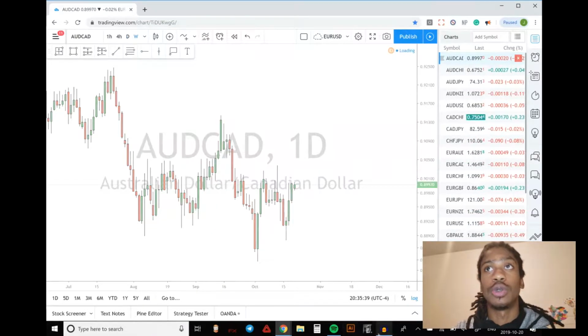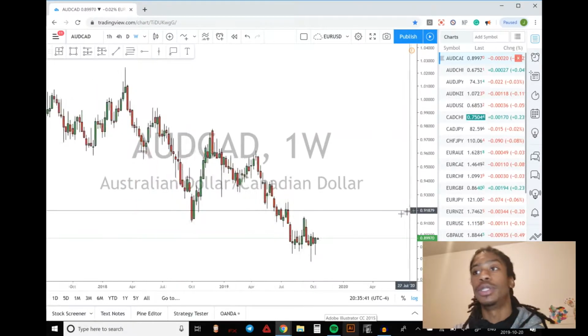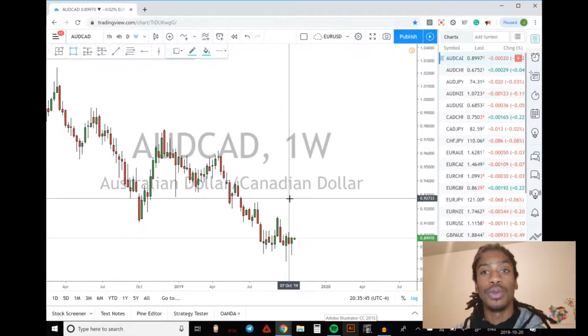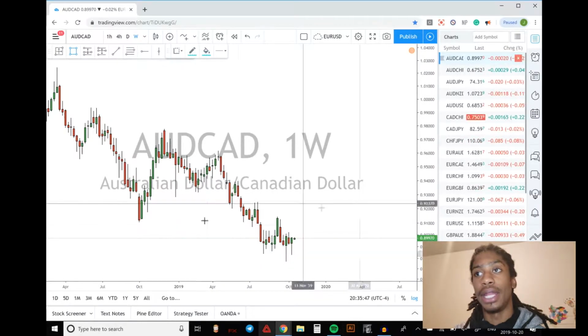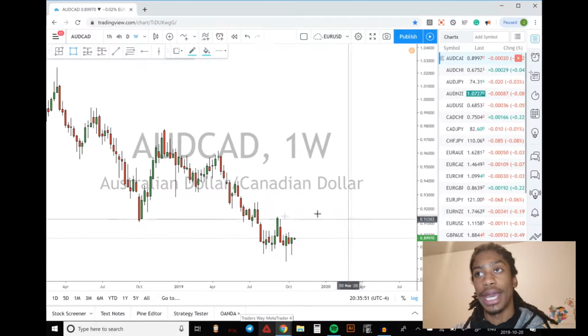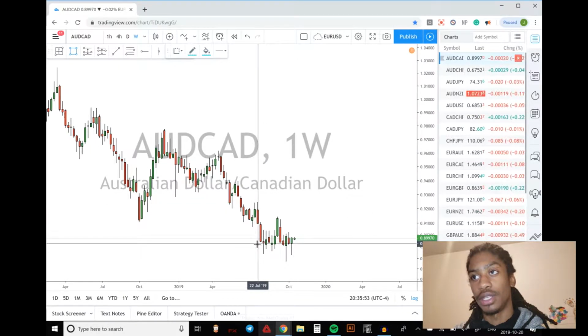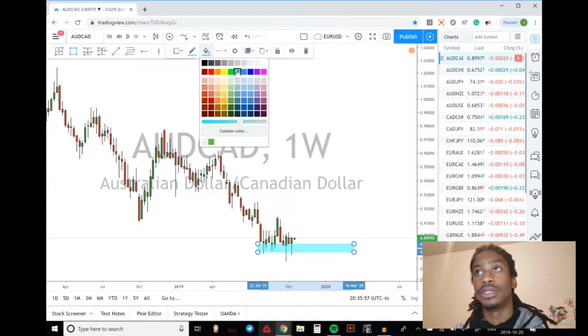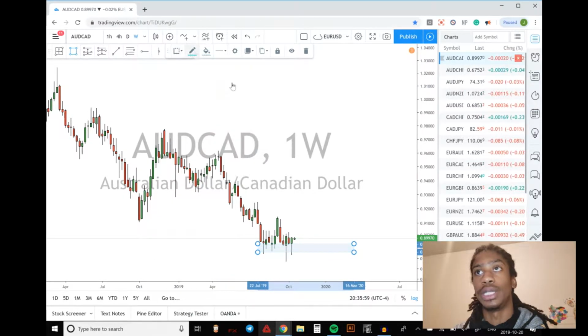So we're gonna start on the weekly time frame, as you guys probably know how I already do it, and then let's just go through and analyze what is recent here. So I see that we have this floor area here. I need to change these colors. Let's do a nice blue.